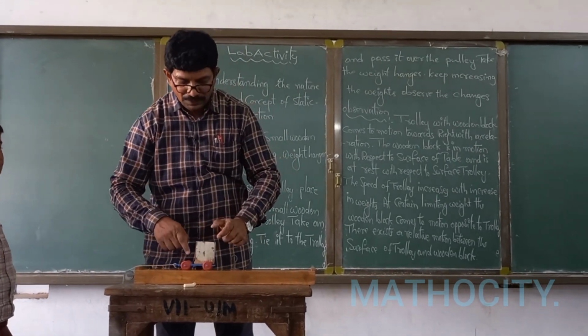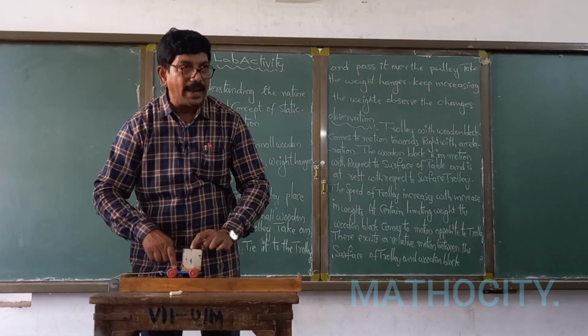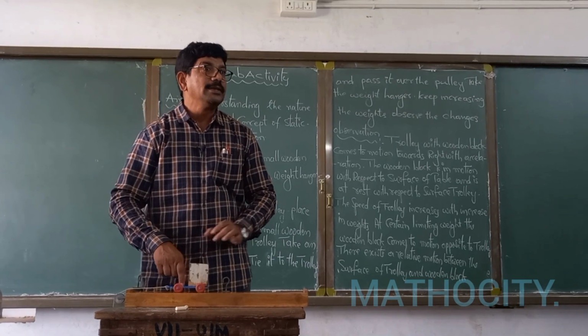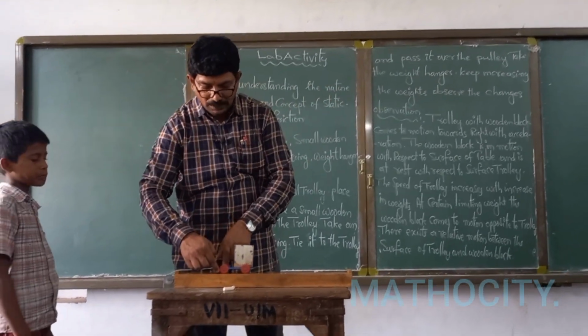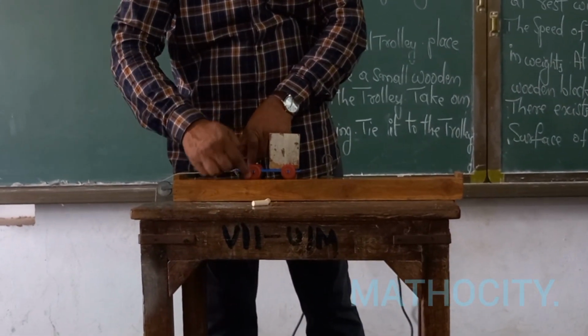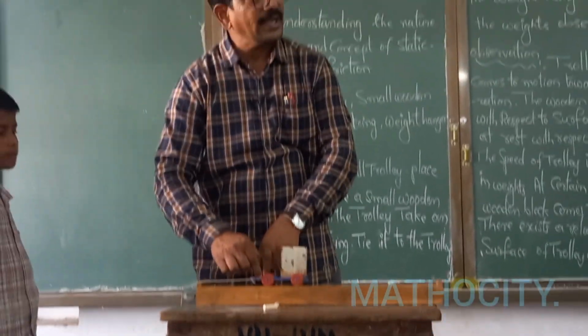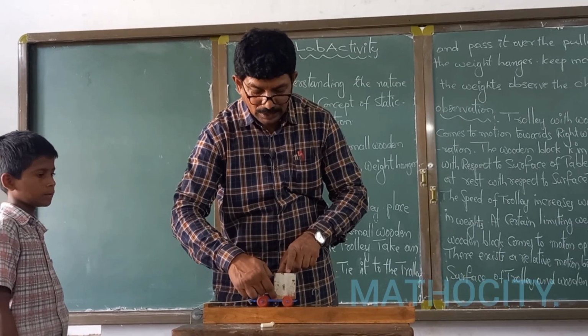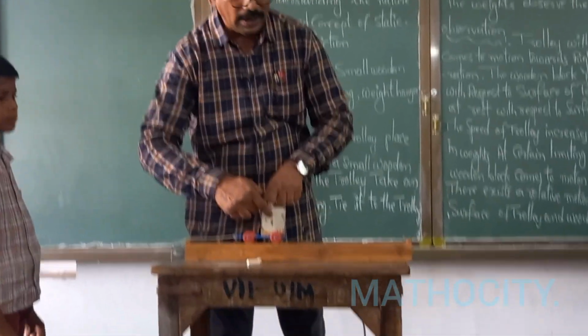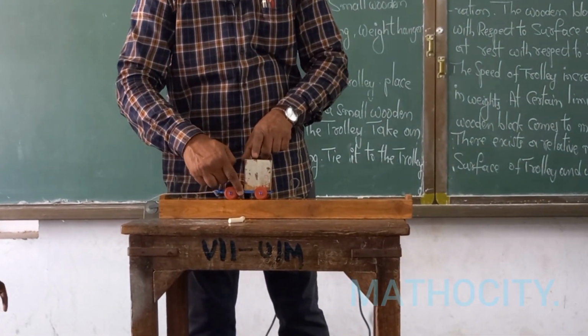Next one, the frictional force present between the wooden block and the trolley is known as static friction. The friction present between the trolley and the surface of the table is known as sliding friction. The frictional force present between the wooden block and the trolley is known as static friction.